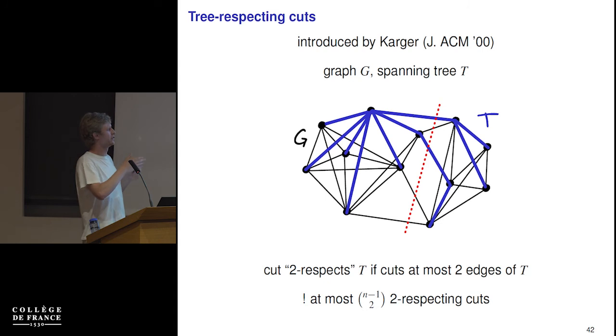If you first look at the ones that contain exactly 2 edges, then there are at most n minus 1 choose 2 of them. But then there are also cuts that might, like this one, cut just a single edge. So we actually get n minus 1 plus n minus 1 choose 2. But still this scales as order n squared, rather than the exponential bound on the total set of cuts in the graph. So you get a bit of a grip here on the set of cuts.